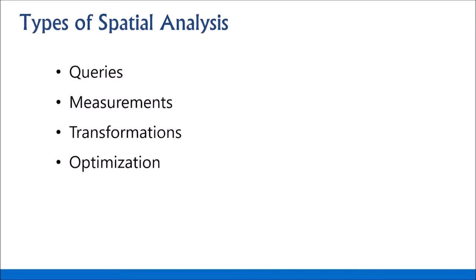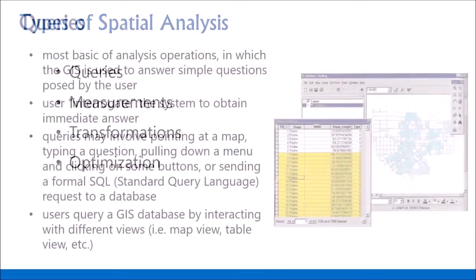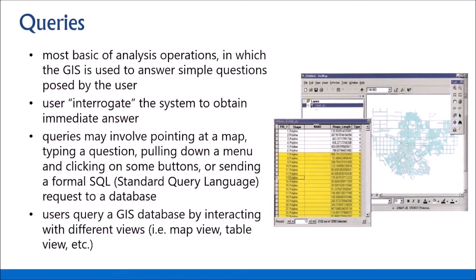Now we go to types of spatial analysis. In here we have 4: queries, measurements, transformations, optimization. Now queries are the most basic of analysis operations, in which the GIS is used to answer simple questions posed by the user.